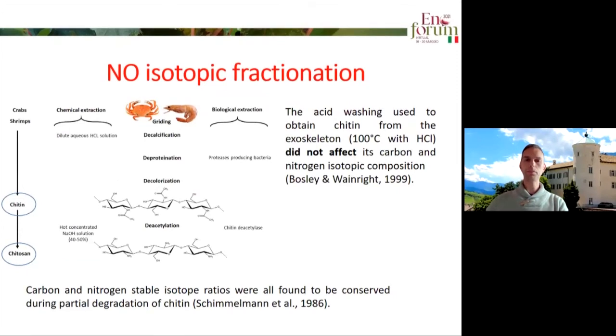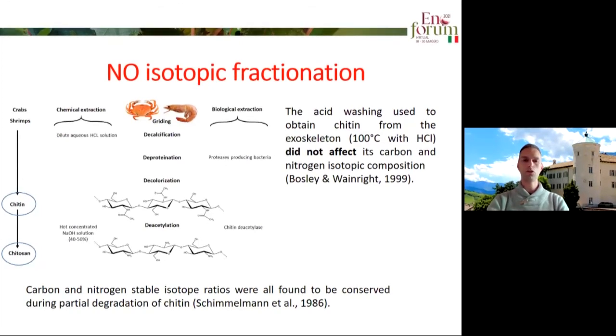In addition to that, we tested whether the deacetylation process had an impact on fractionation. What is isotopic fractionation? It is an alteration in the isotope ratio between the heavy and light isotopes due to temperature, for instance, or the presence of acids as external phenomena.